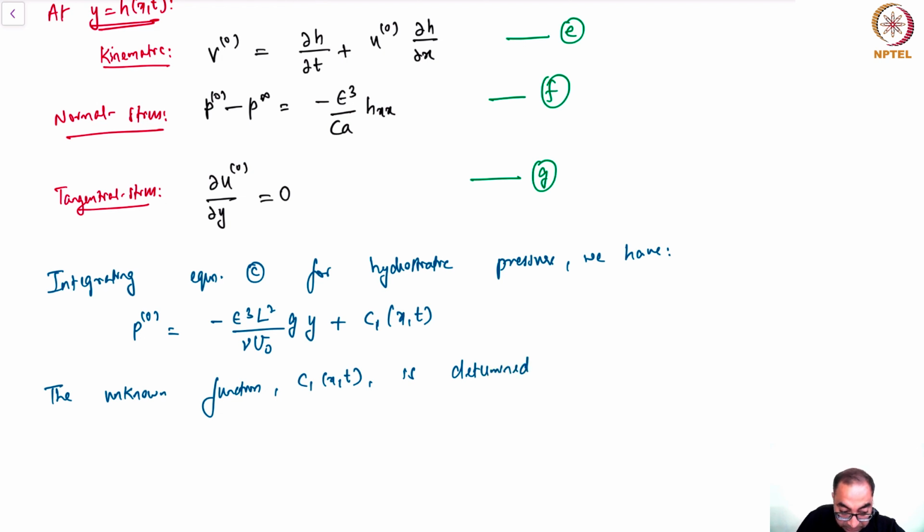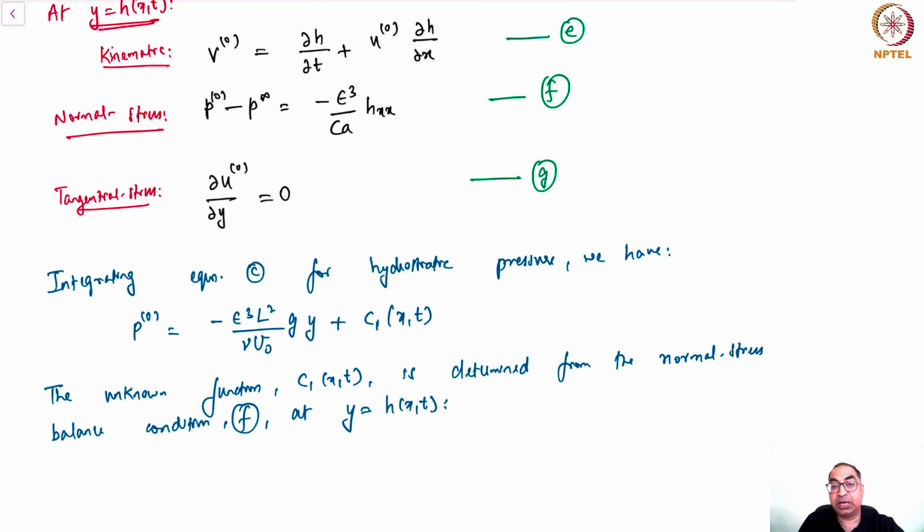This function can be determined from the normal stress balance, that's equation F. So let's substitute this pressure into equation F. But remember, this normal stress balance condition is valid at y equals h of x comma t. So I may sometimes avoid writing h of x comma t all the time and simply write it as h. It's understood that this h is a function of x and t.